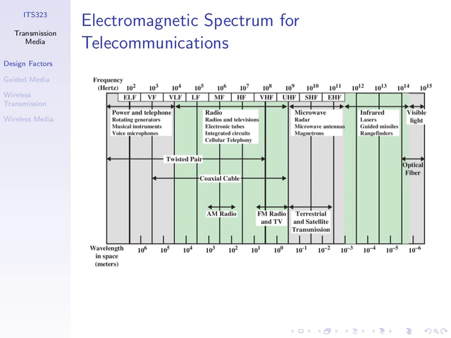Even though this looks bigger than this, be careful, because of the logarithmic scale, it may not be. This goes from 1000 hertz up to almost 1 gigahertz, so the bandwidth is almost 1 gigahertz. This goes from 0 up to 100 megahertz, so the bandwidth is only 100 megahertz.